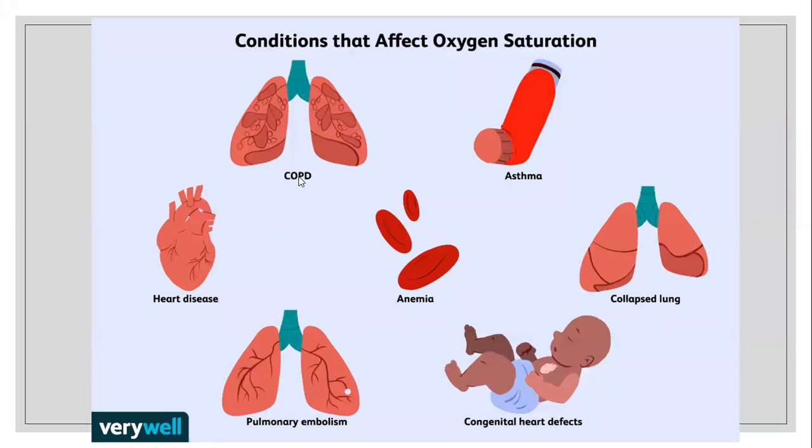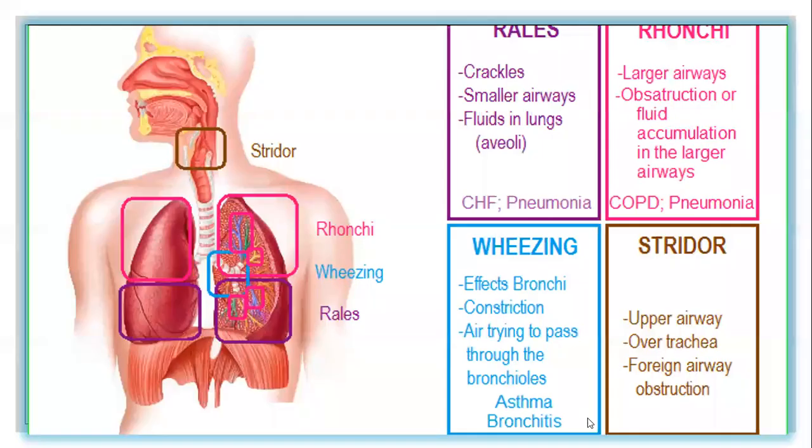If the patient has a COPD, a heart disease, or collapse of the lungs because of broken ribs or any accident, if the patient has anemia, they have shortness of breath, and saturation of oxygen is supposed to be less than 92%, also with any kind of pulmonary embolism or congenital heart defect.